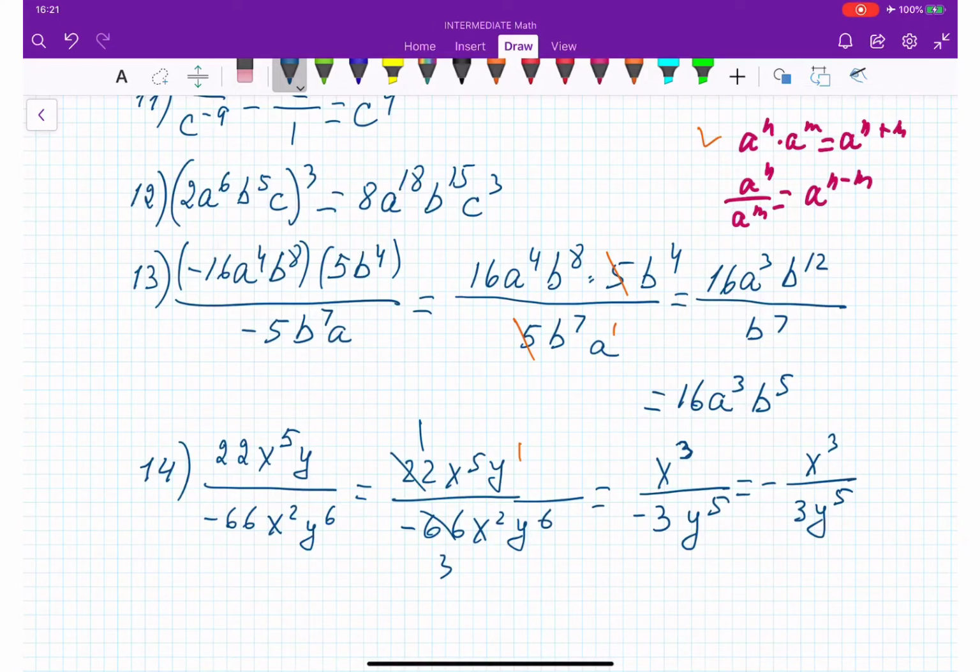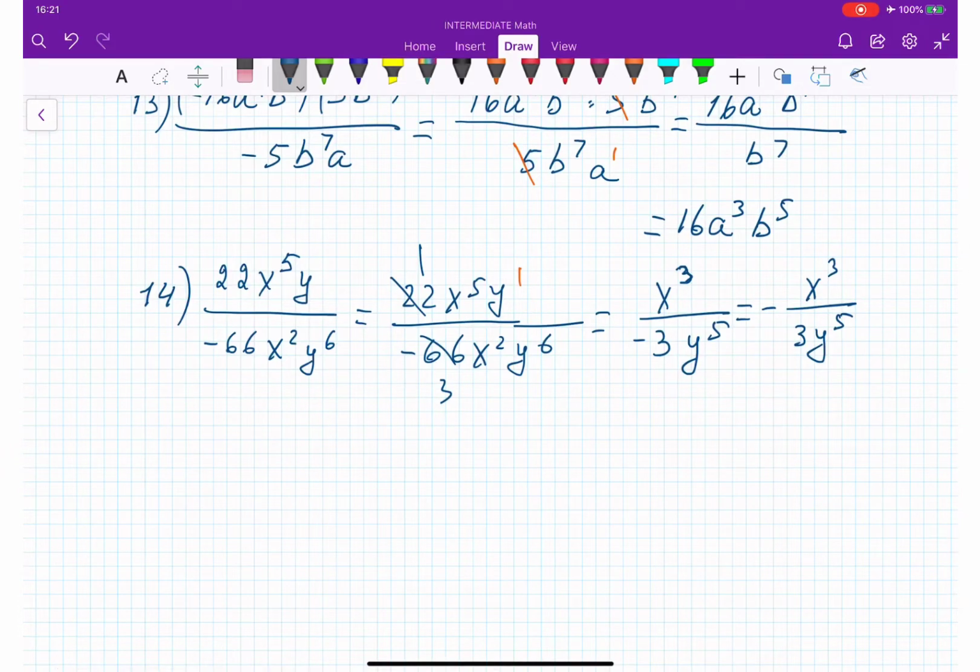Question number 15. So I have 3a cubed b squared times negative 2x to power 8 y to power 9. Okay, so when we have multiplication here, all we're going to do is find what we can multiply with what.